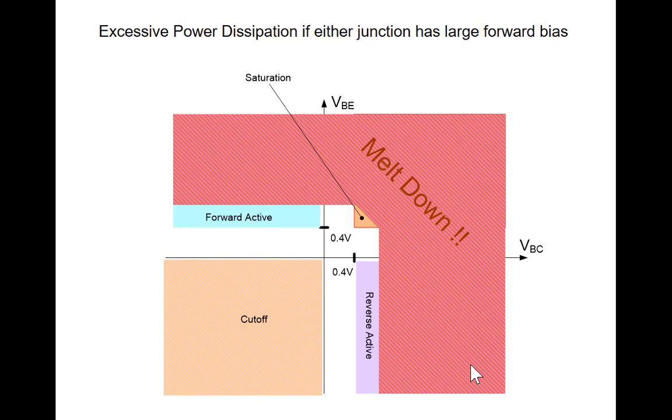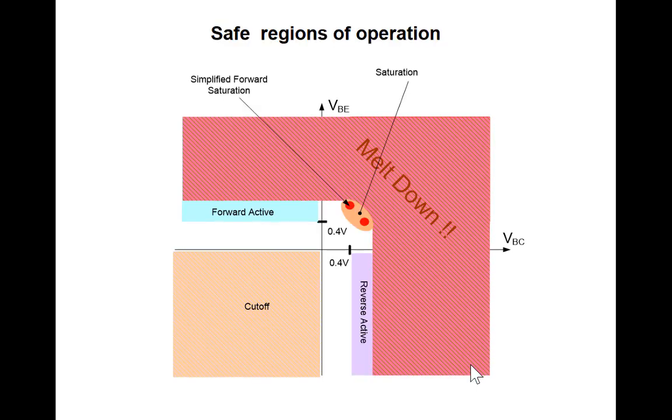The reason I'm not very interested in this region is, again, there's not very many useful circuits that operate in this region here. So how did we model it in the saturation region? Do you recall what we did?